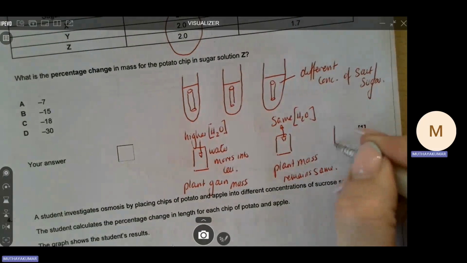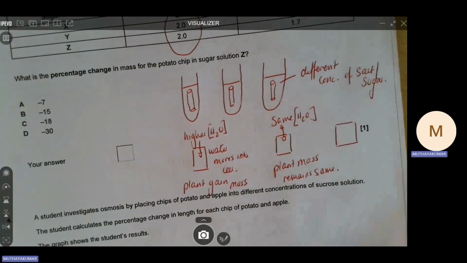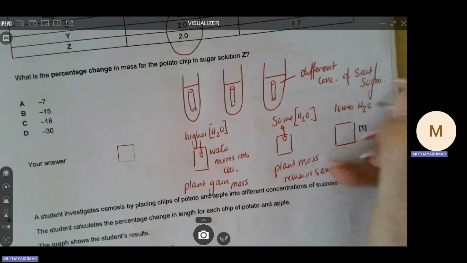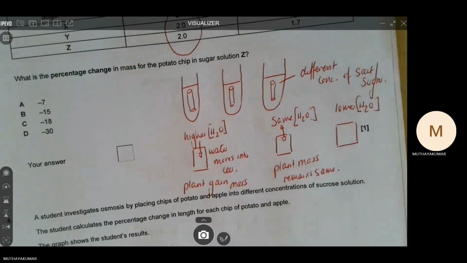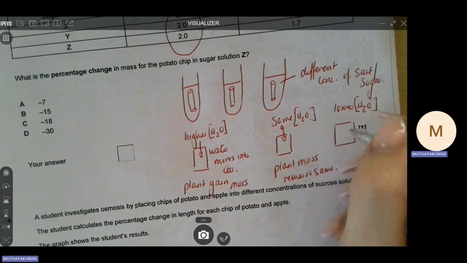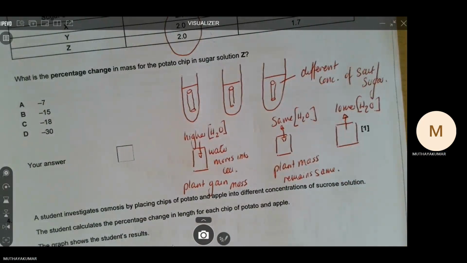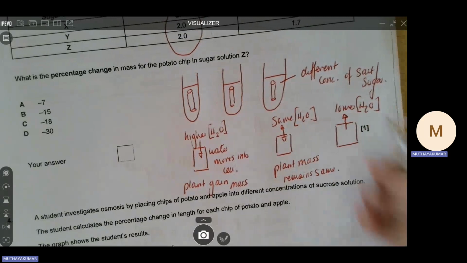However, if I place it in a third type of solution where I've got a lower water concentration, water is going to leave my plant cells and go into the surrounding solution. Okay, so I'm losing the water from my plant cells, and therefore my cells are going to lose mass.